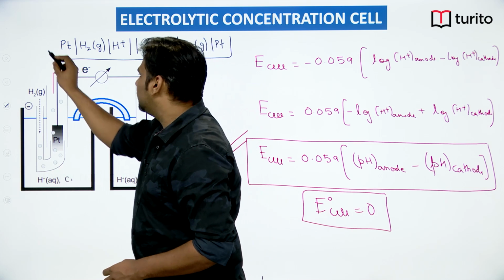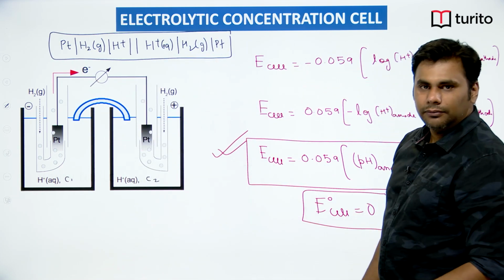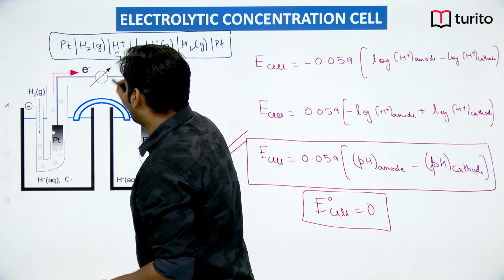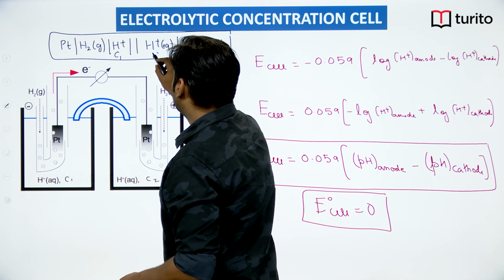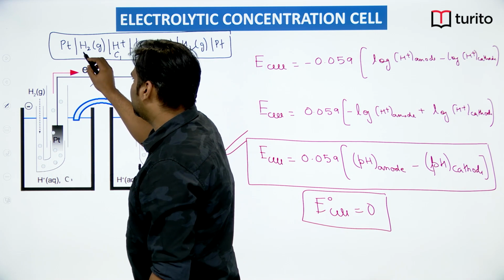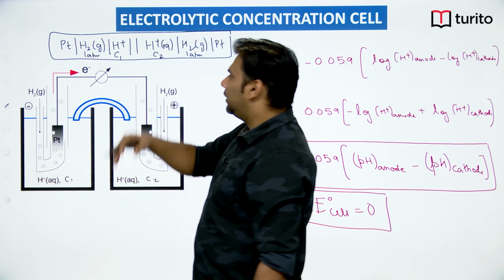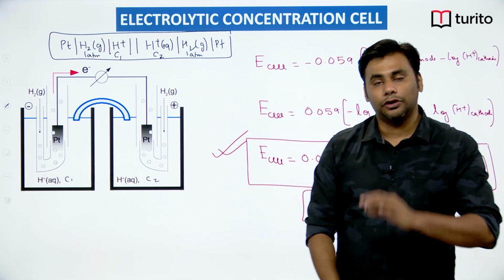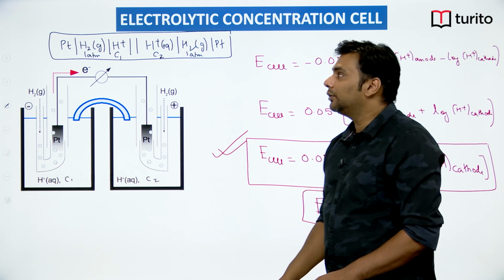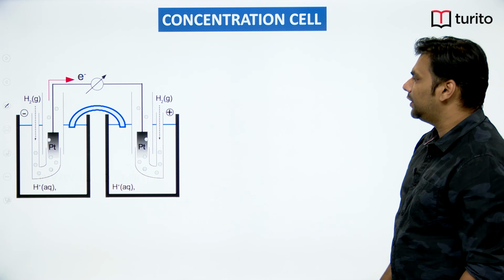So this is the representation. You can see that both the half cells are the same; the only difference is the concentration. H plus here has a concentration of C1, and H plus here has a concentration of C2. The partial pressure of hydrogen here was 1 atm and here it is also 1 atm. So this is an example of an electrolytic concentration cell because the concentration of the electrolyte is different. I hope this is clear to you. So this was the electrode concentration cell.